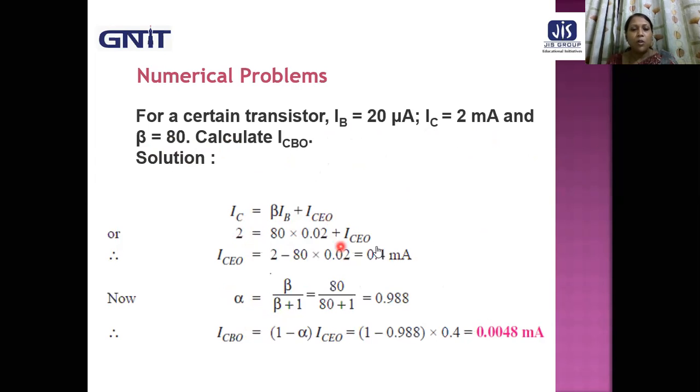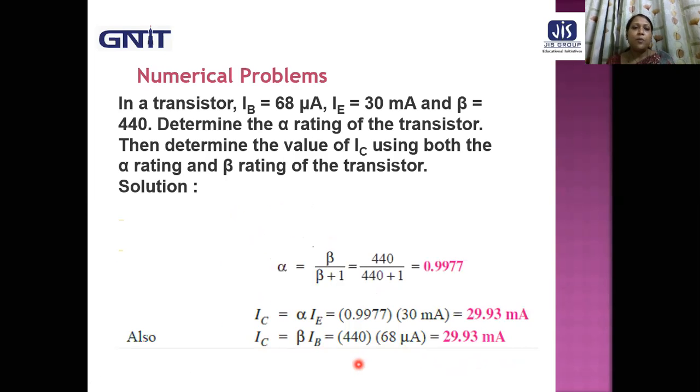Now put all the values here. We get ICEO as 0.4 milliampere. Now alpha equals beta by 1 plus beta. Put the values here and we get alpha. So ICBO equals 1 minus alpha times ICEO. Putting the values, 1 minus 0.988 times 0.4, ICBO comes to 0.0048 milliampere.